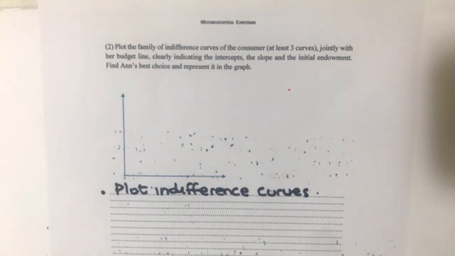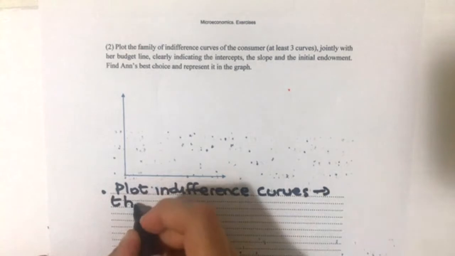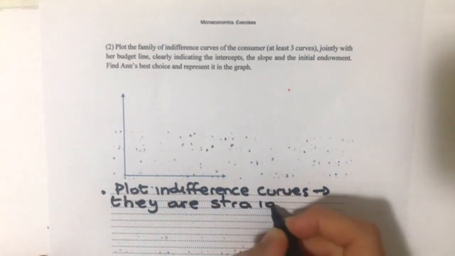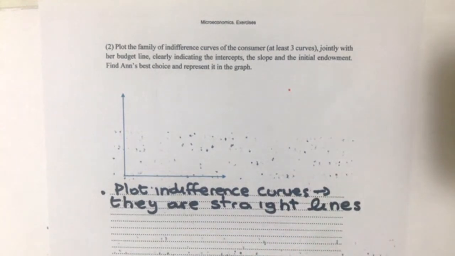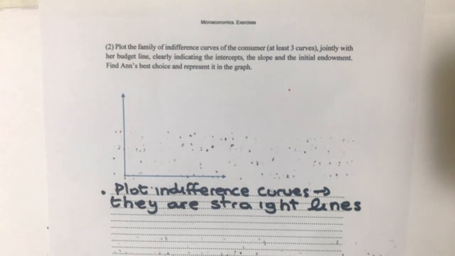Okay, since we have perfect substitutes, we know that indifference curves are straight lines. Perfect substitutes are particular goods, and among the characteristics, there is the one that indifference curves are straight lines. In order to draw these straight lines, we need to know the slope. Otherwise, how can we draw the indifference curves?